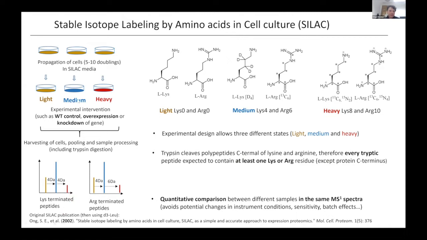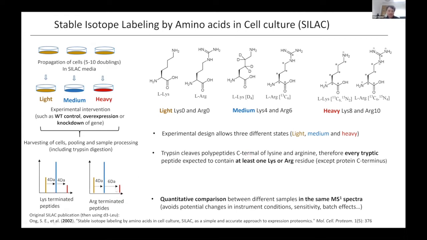And in the experimental design that's shown here, we would now expect to distinguish these 3 conditions: light, medium, and heavy. They have a mass shift of 4 Daltons for any of the lysine peptides, and a mass shift of either 4 or 6 Daltons, depending on whether we compare light to medium or medium to heavy, for the arginine-terminated peptides.